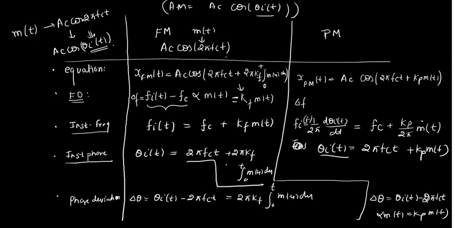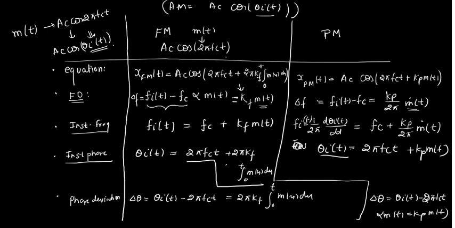So, the frequency deviation for the PM signal would be fi minus fc, that is Kp by 2 pi m dot t. So, as you can see from here, the frequency deviation for FM is directly proportional to m(t), but for the PM signal the frequency deviation is proportional to the derivative of the message signal. So, this we have seen in our very first class where we discussed angle modulation.